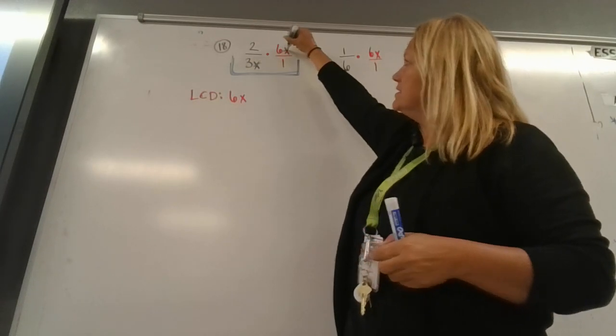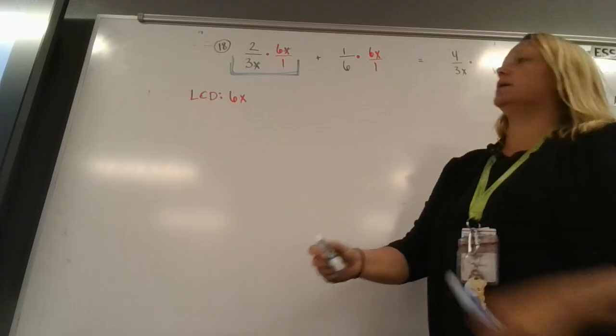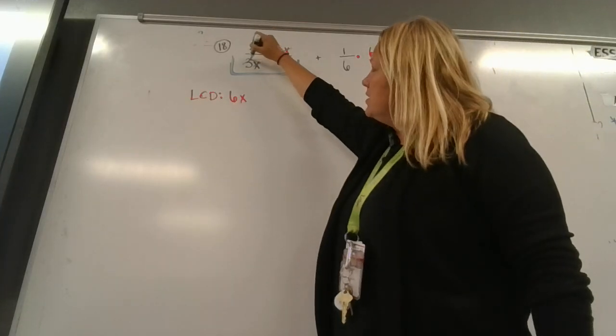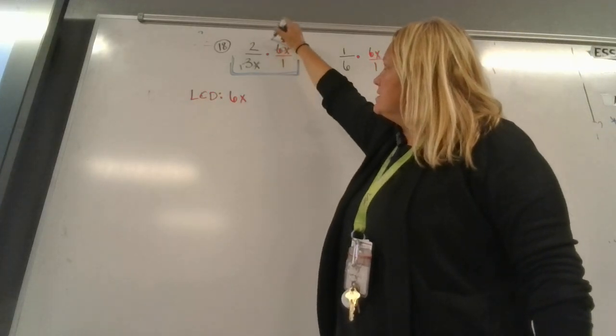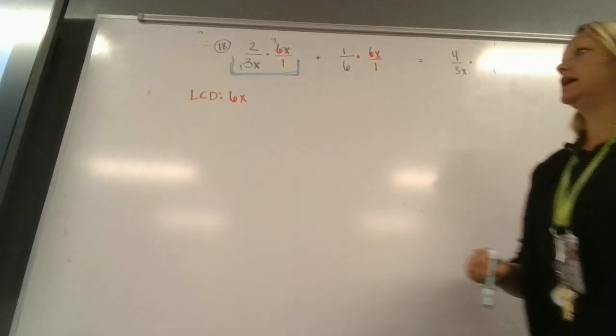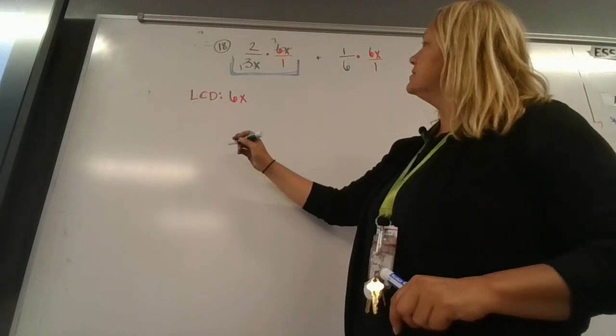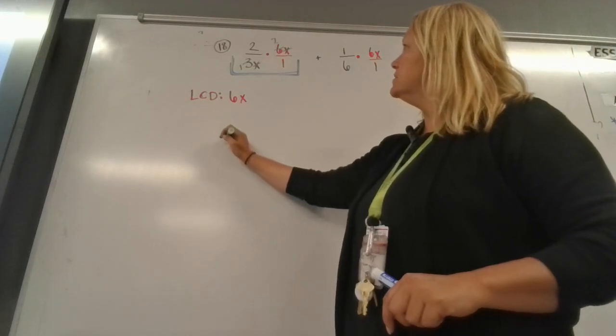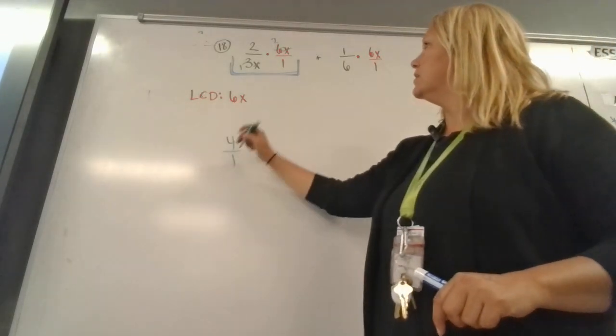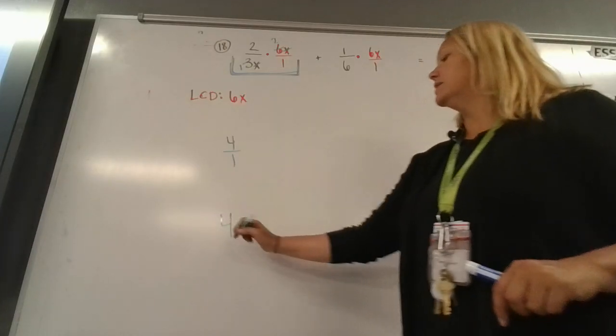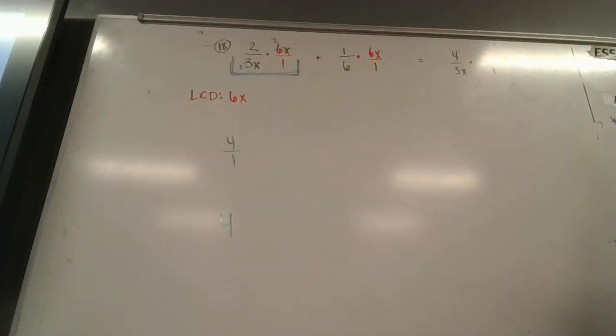I can cross x's out because it's a little multiplication problem. And 3 goes into 3 once, and 3 goes into 6 twice, so I can reduce that. After you reduce, then you go ahead and multiply. So what I have here is 2 times 2 is 4 over 1. So that's just 4 now. The x is canceled. And then we'll do it again.